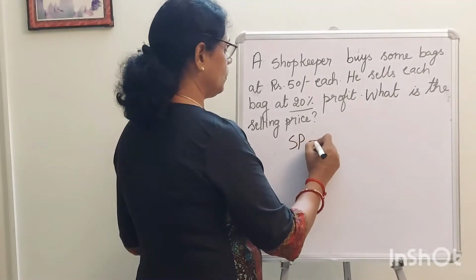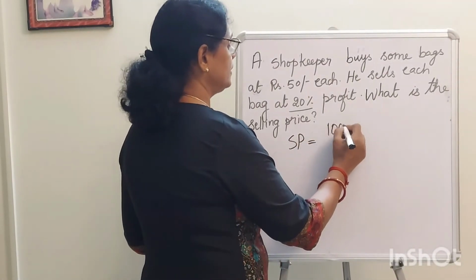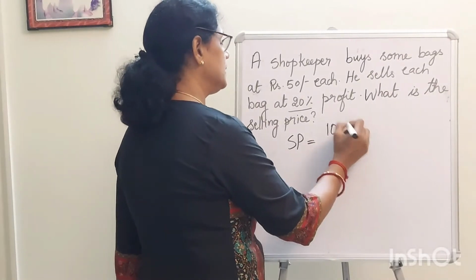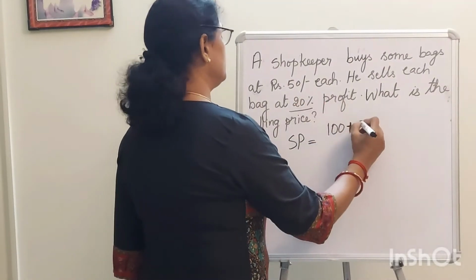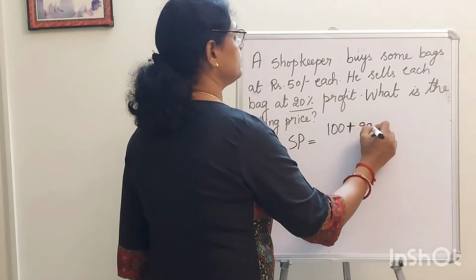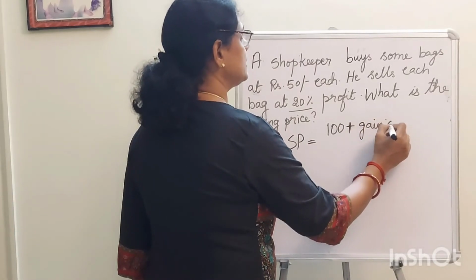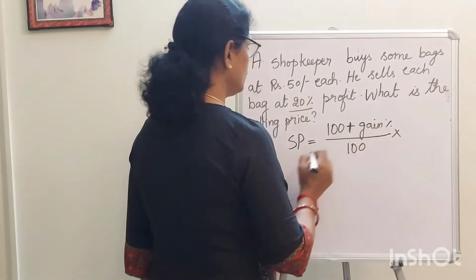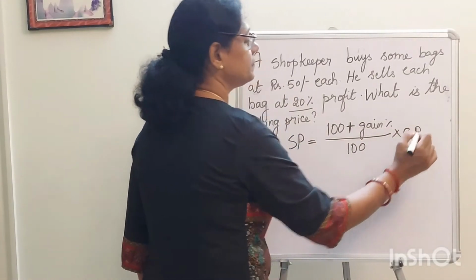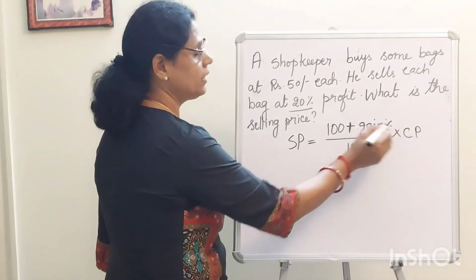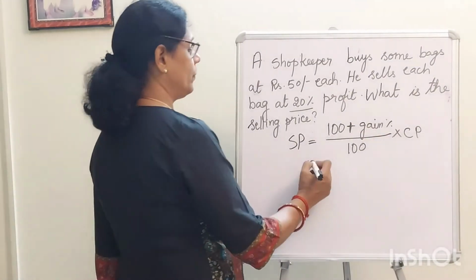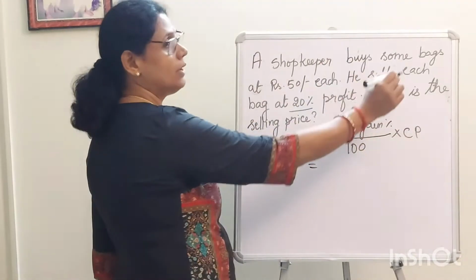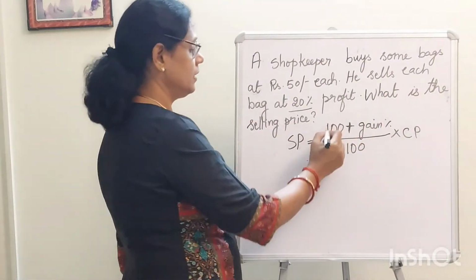Selling price equals to 100 plus, if it is a profit, 100 plus the gain percent, by 100, into cost price. You want to know the selling price? It will be into cost price. Right. We know all these figures from the question, right?